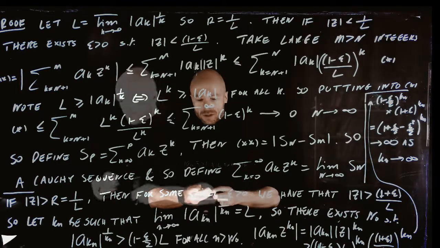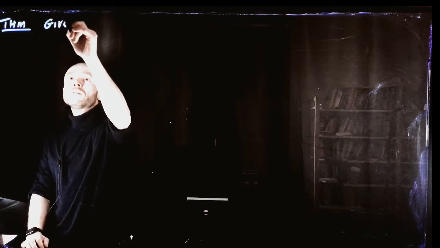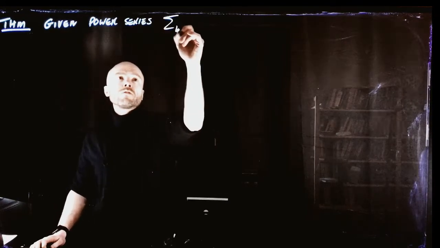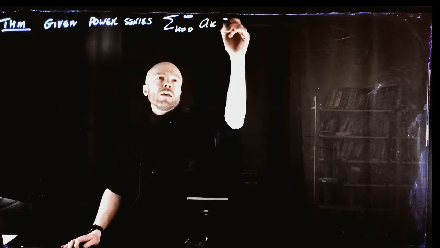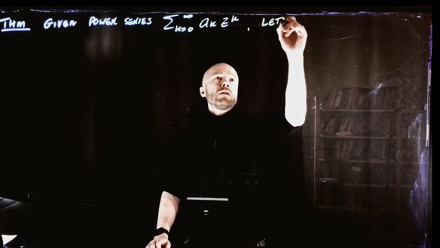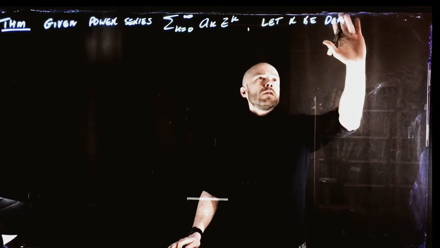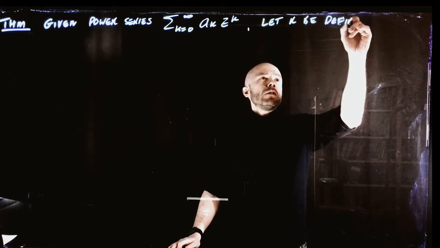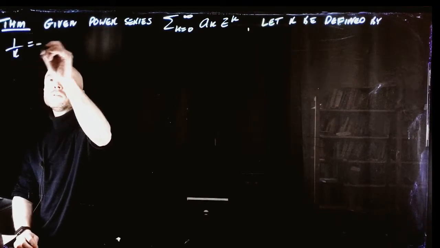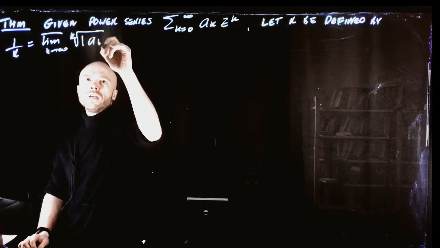All right. Theorem. Given a power series, the sum from k equals 0 to infinity of a_k z to the k, as before we let r be defined by this Hadamard formula: one over r is equal to the lim sup as k tends to infinity of the kth root of the absolute value of a_k.